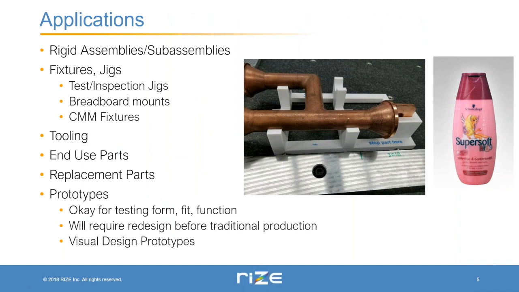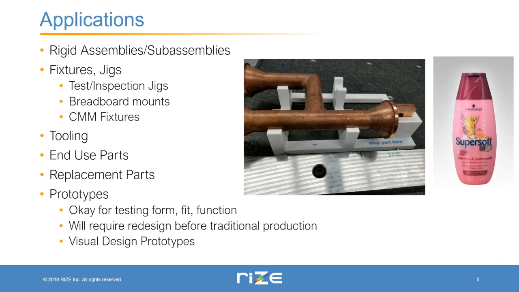So here are some of the most useful applications of component consolidation. Again, you want to primarily focus on rigid assemblies or subassemblies, and if you have some sort of subassembly that is fastened rigidly, it may be a good candidate.